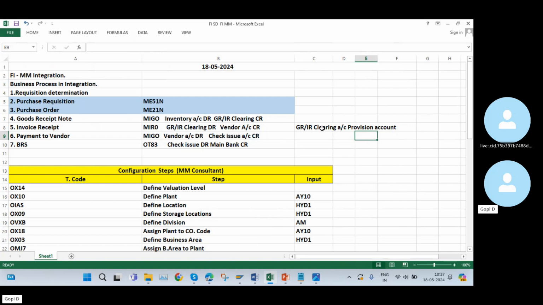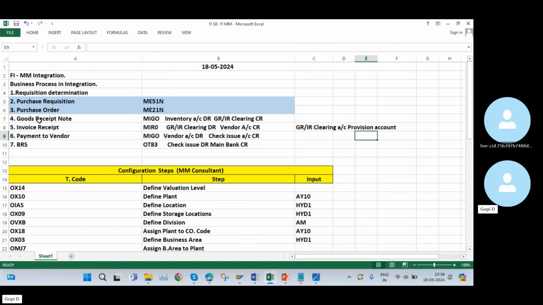And this GR/IR clearing account, we need to clear on a monthly basis based on the business requirement. Especially the GR/IR clearing is also very important as part of our month end activity. In the interview, we can expect this question also: could you please explain the month end activities, and within those month end activities, what are your roles and responsibilities? Even this point is part of our month end activity.